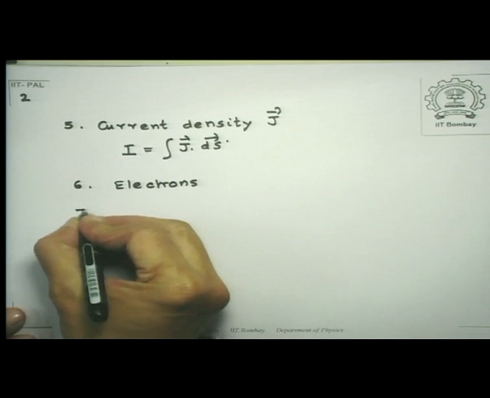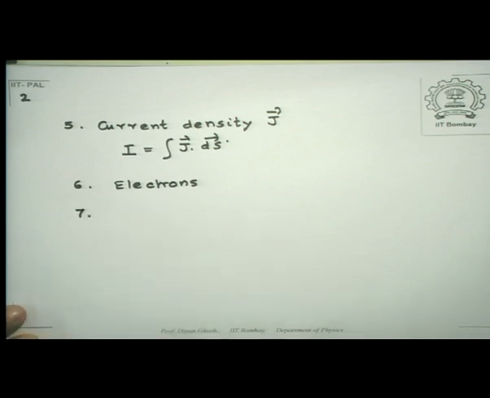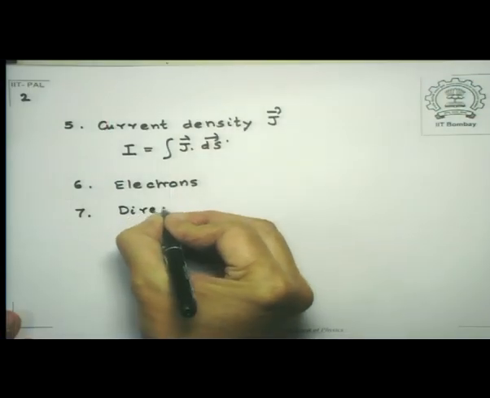The point regarding the direction of the current is that though electrons are primarily responsible for flow of electricity, the direction of the current is primarily defined as the direction in which positive charges would flow if they were free to flow like the electrons. So this is the direction of the current.